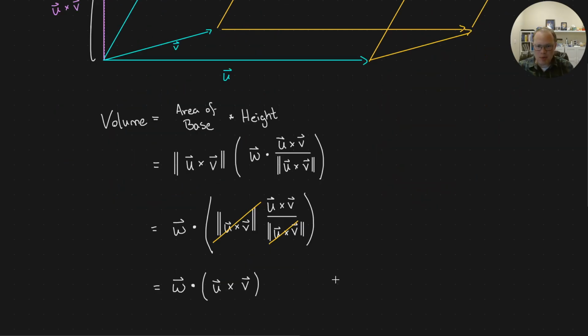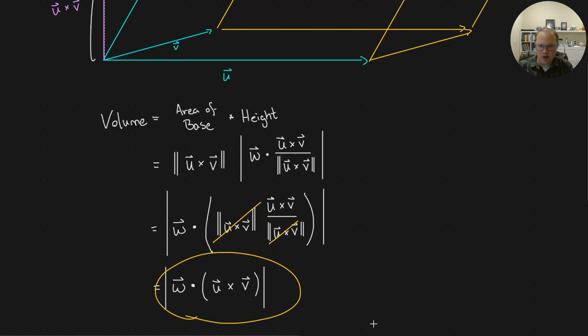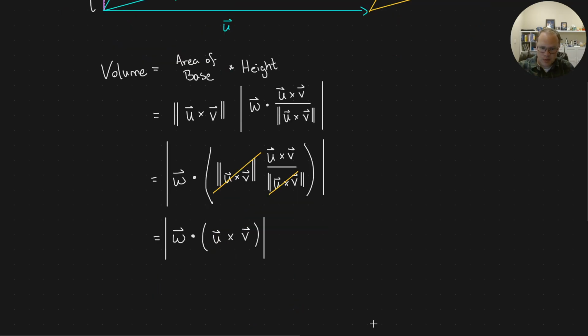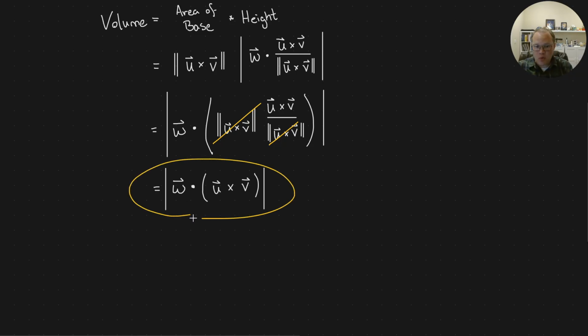Now we want a volume, a positive amount. So really, if I want to make this perfectly accurate, I should have absolute values here. Actually, that one was okay. I want the absolute value of that dot product. And so I end up with this. So the absolute values make sure we have a positive volume when we're all done. Okay? So this gives me the formula for the volume of a parallelepiped determined by vectors w, u, and v.